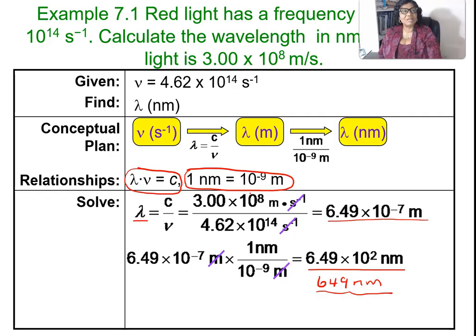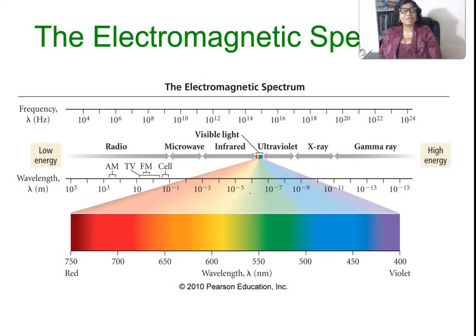Let's talk about the electromagnetic spectrum. So the electromagnetic spectrum is a continuum. You see, the frequency is from 10 to the 4th hertz to 10 to the 24 hertz.